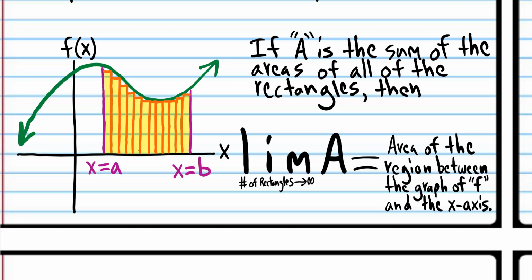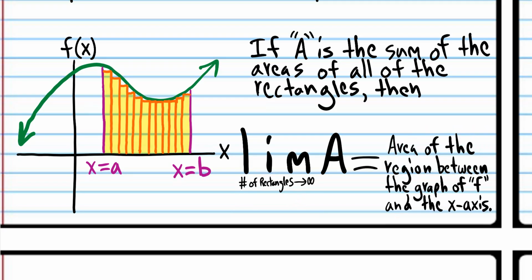Again, we learned that differential calculus and integral calculus have an inverse relation, so it would make sense that there are some tools that we use in both branches of calculus. So again, the limit of the sum of the areas of the rectangles as the number of rectangles approaches infinity is the exact area.